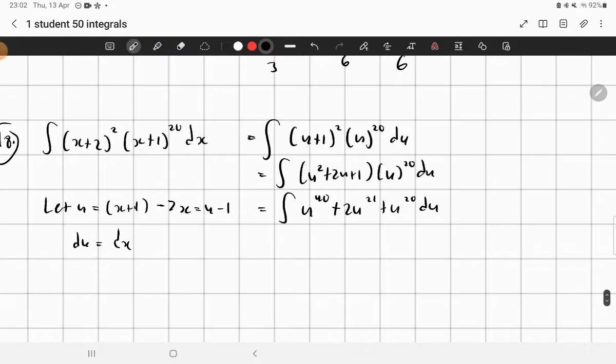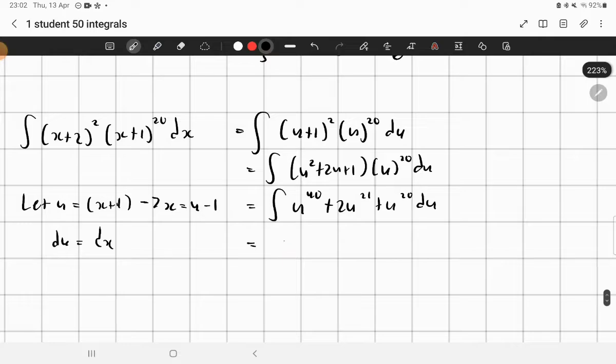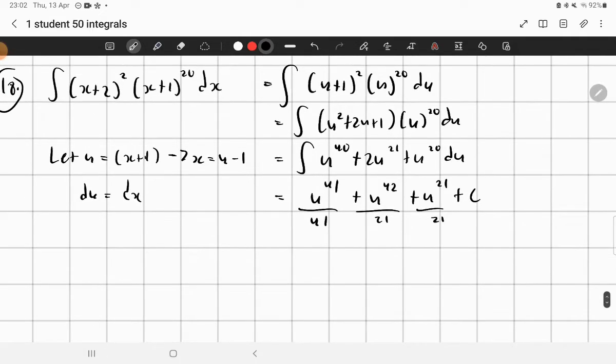And by integrating as usual, you have u to the power of 41 over 41 plus u to the power of 42 over 21 plus u to the power of 21 over 21 plus c. And now we know that u is just x plus 1, so we put the terms in terms of x, so that will be your answer.